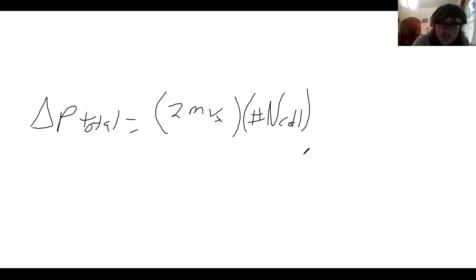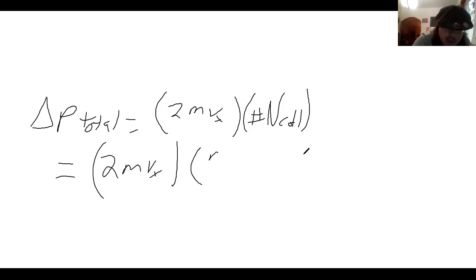Well, something nice happens. 2 mvx, use our term that we just got, small n, Avogadro's number over V, times A Vx delta t over 2.